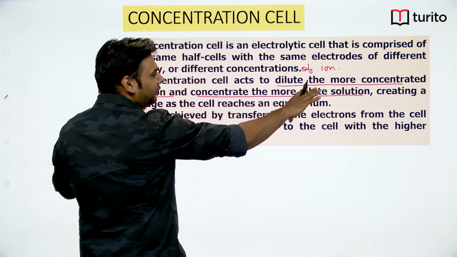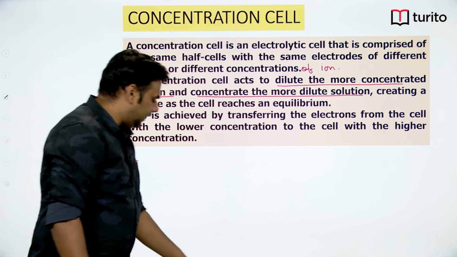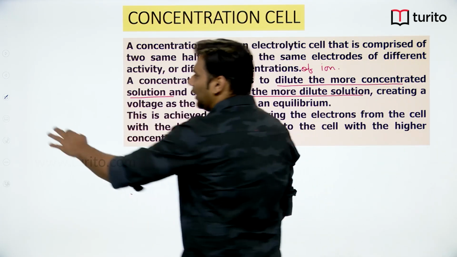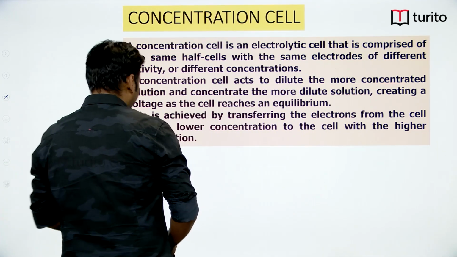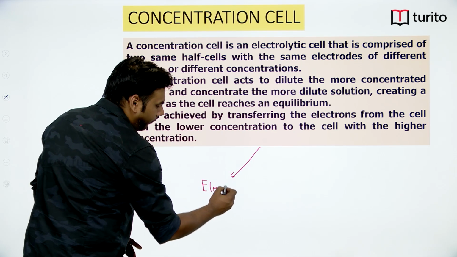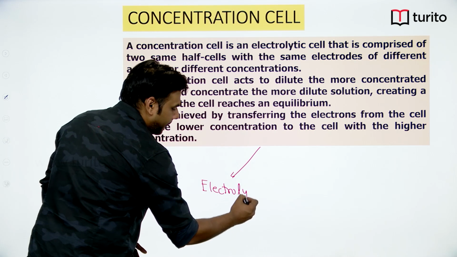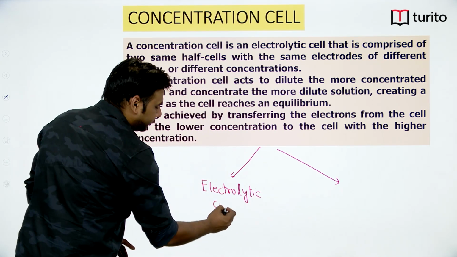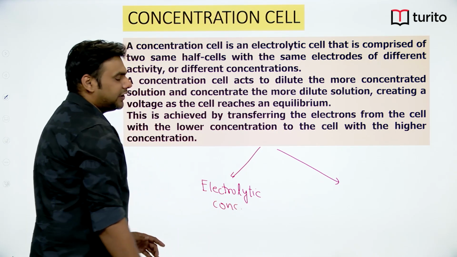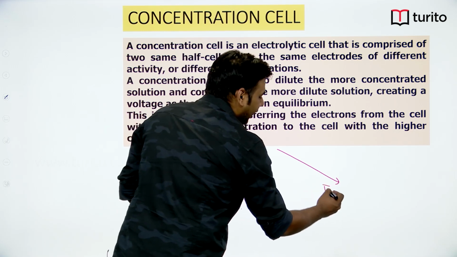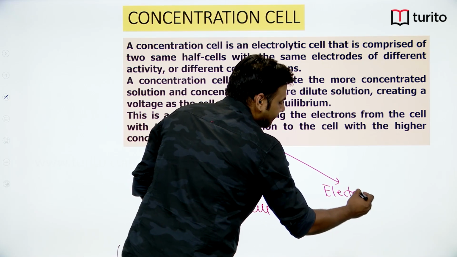For understanding of these two paragraphs, let us take an example. Basically there are two types of concentration cell. One is the electrolytic concentration cell and the other is the electrode concentration cell.